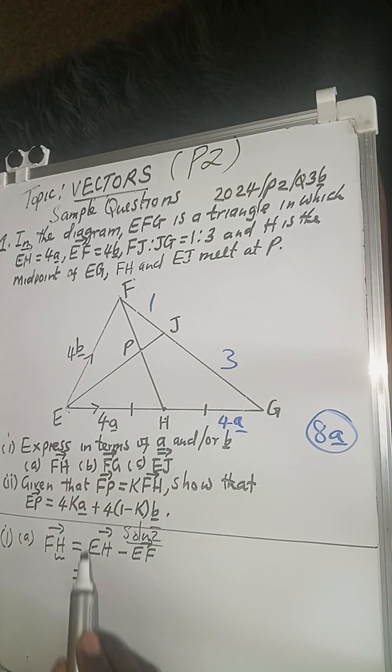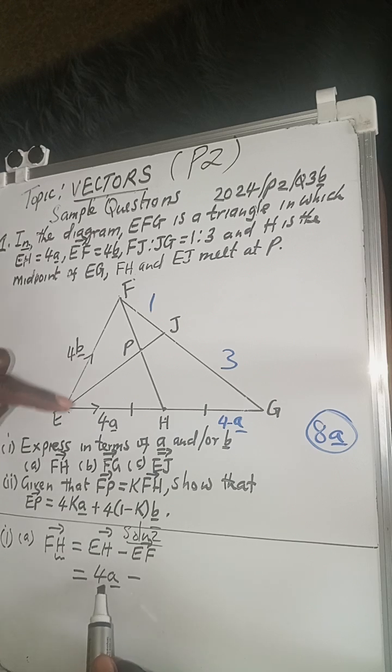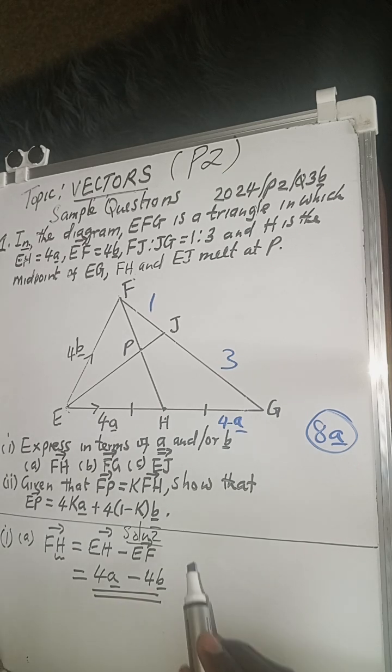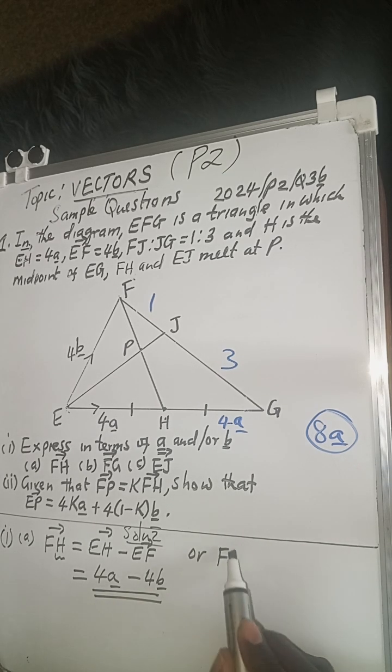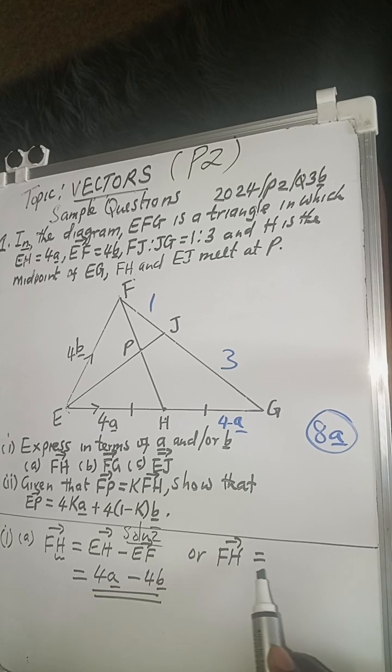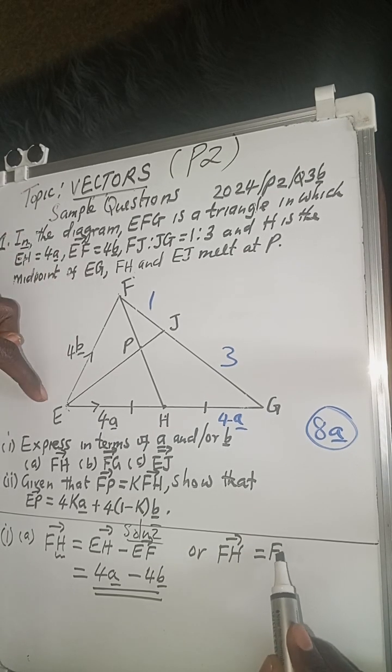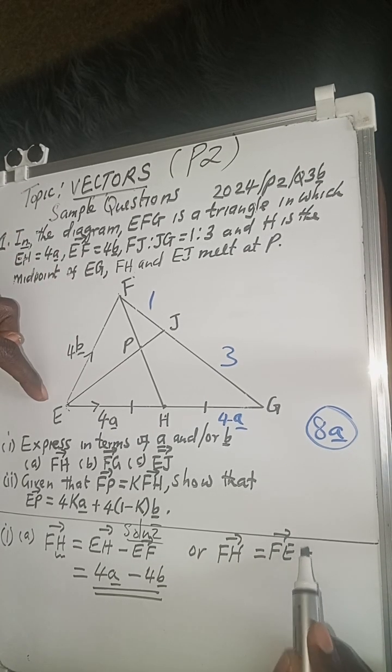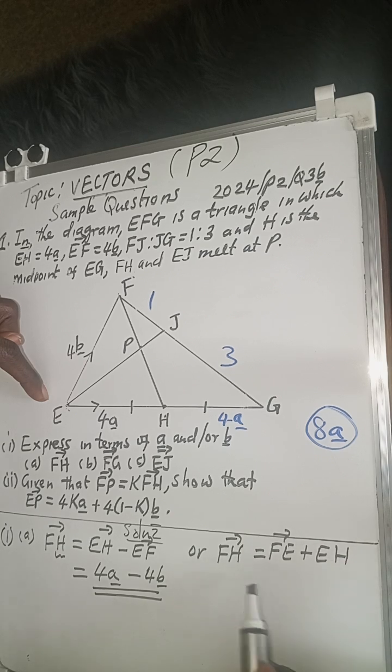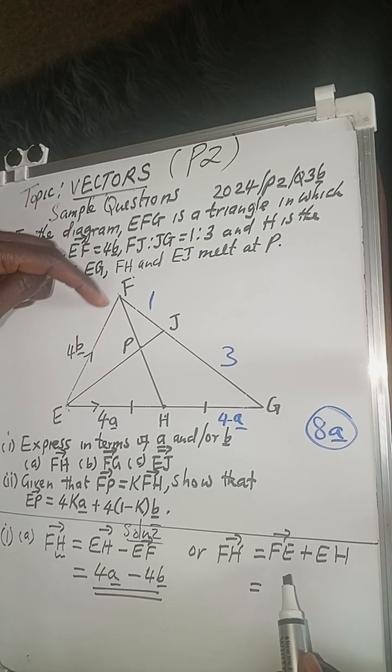So what is your EH? Your EH is simply 4 vector A, minus your EF, which is 4 vector B. So that's what I wanted you to do there. Of course, someone might say, maybe I'm conversant with that. We did say it is FE combined with EH. That's the way you're going to move. But remember, FE, you're moving in the opposite direction.